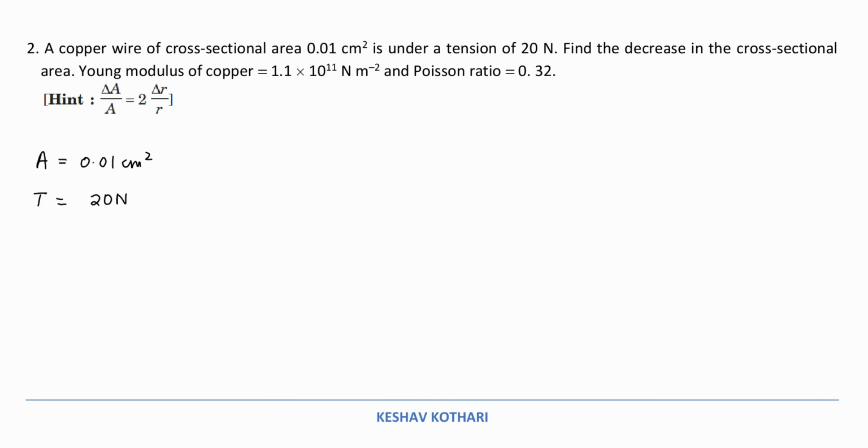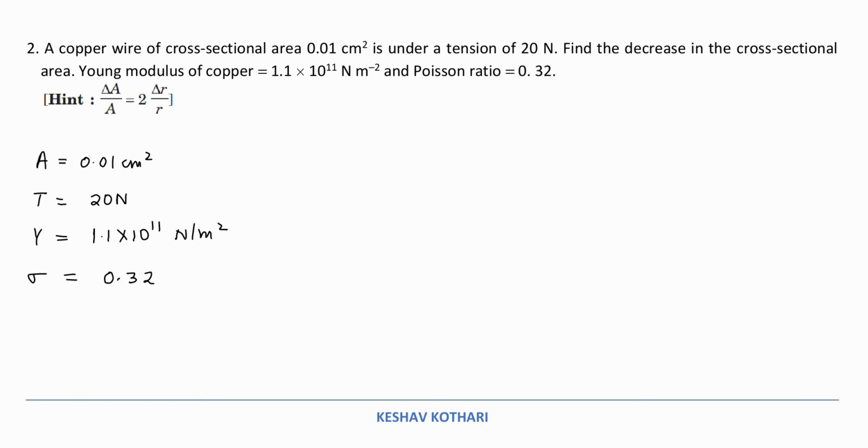We have to find the decrease in the cross sectional area, given the Young modulus for copper is 1.1 into 10 to the power 11 Newton per meter square, and Poisson's ratio sigma is 0.32. So these are the parameters we already have in the problem.